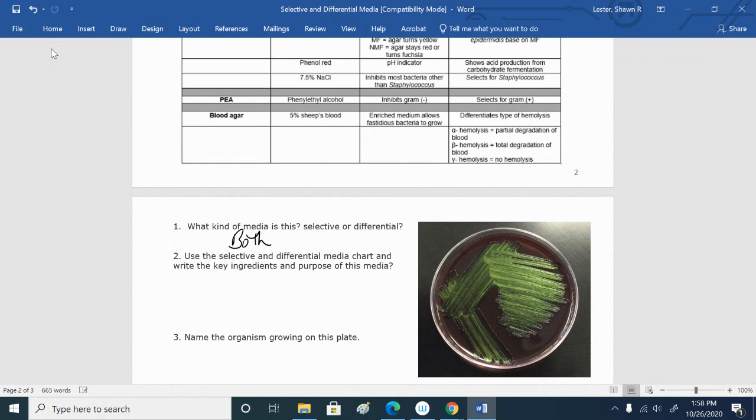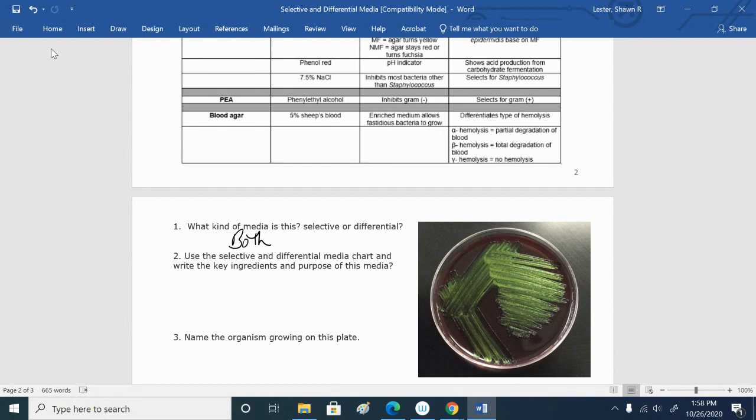Yes, it's selective for gram-negative and differential for lactose fermentation. And so when you use the selective and differential media chart above, you should be able to write down the key ingredients that make the plate selective and that make the plate differential. I'm not going to do that now because you can do that later.